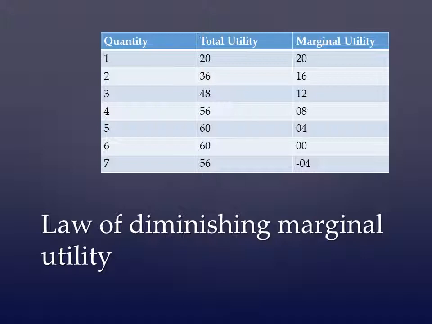As he consumes the next and next apple, his total utility increases, while his marginal utility decreases. The point comes where the marginal utility becomes 0. At that point, the total utility reaches its maximum, that is 60. If a rational consumer still consumes an apple, then his marginal utility becomes negative, and from that point the total utility itself goes down. This is actually the law of diminishing marginal utility.